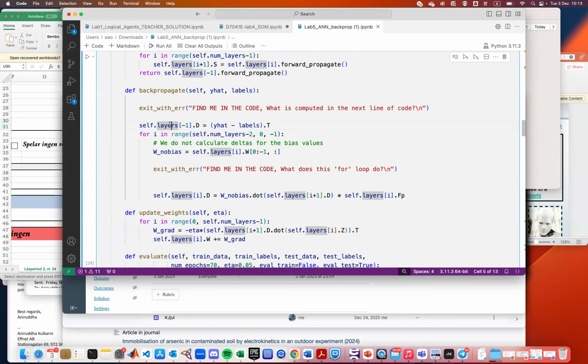And D is an array that collects the gradients. We'll come to this soon.